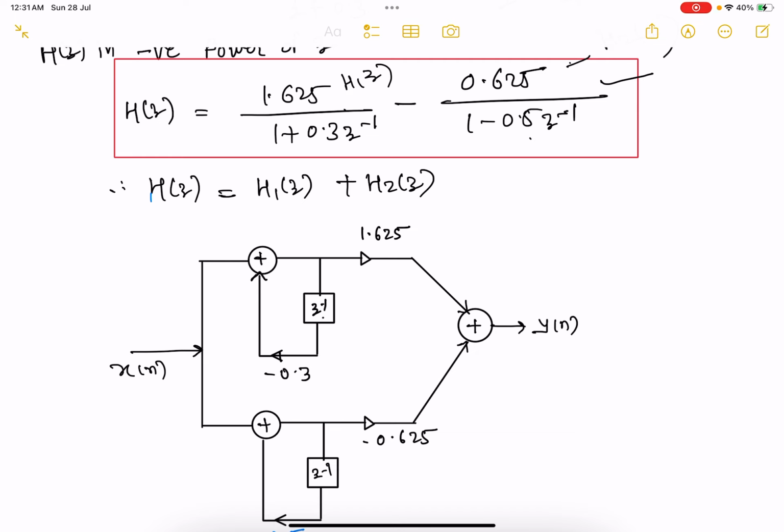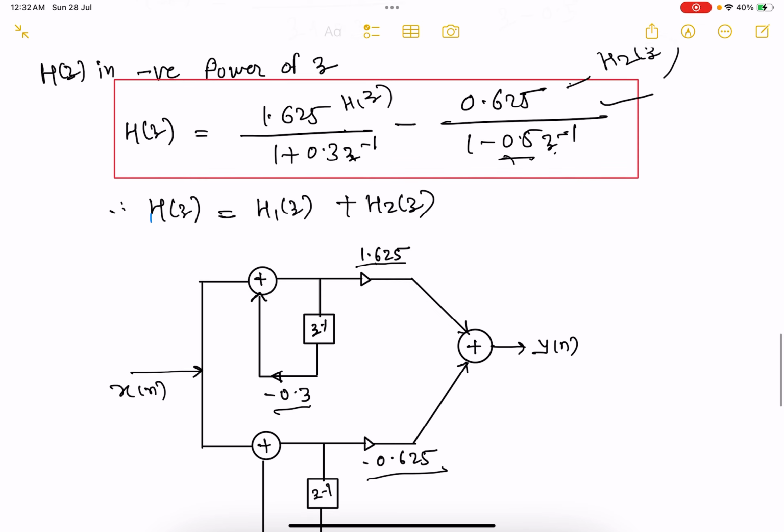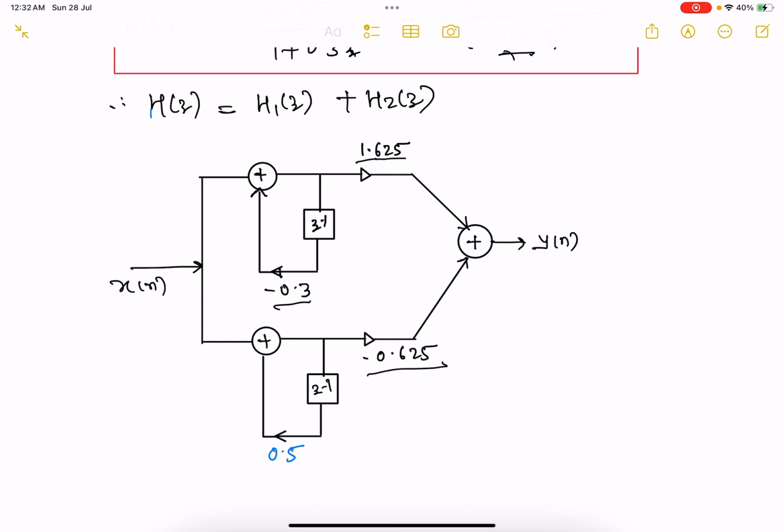So here the first pole is for H1(z), there is no zero, and for H2(z) no zero, that is why on the right hand side only 1.625 and minus 0.625, and on the left hand side 1, 0, first pole minus 0.3 here and minus 0.5 here. So minus 0.5 sign will change to 0.5, and minus 0.3 to 0.3. So this is the entire block diagram for parallel form realization, and it is added.